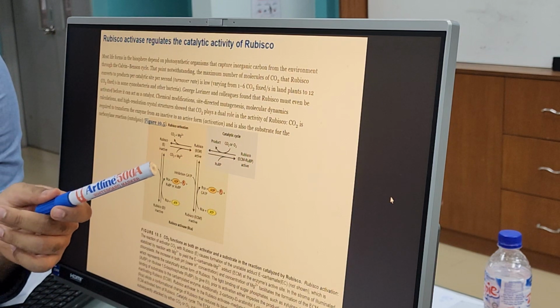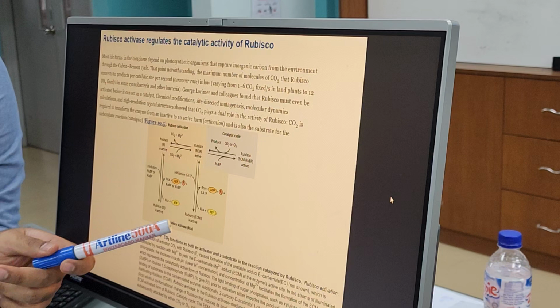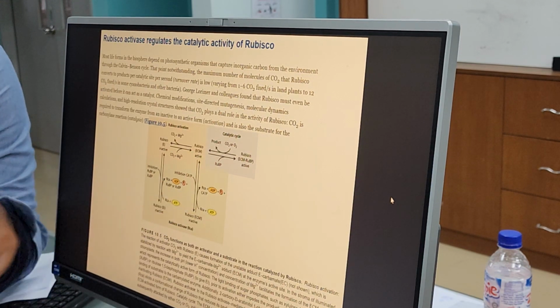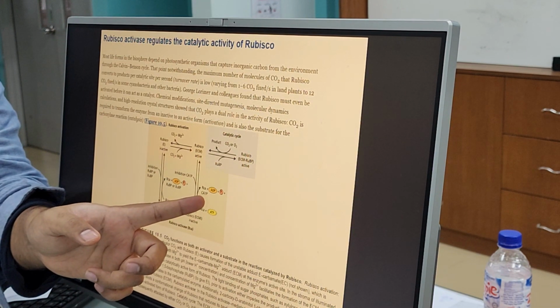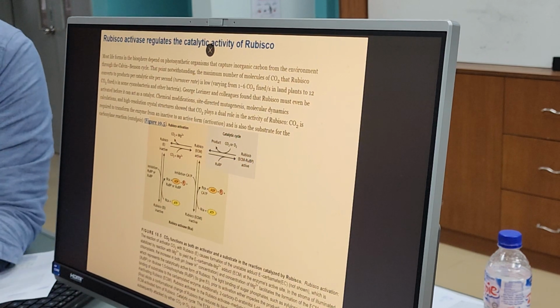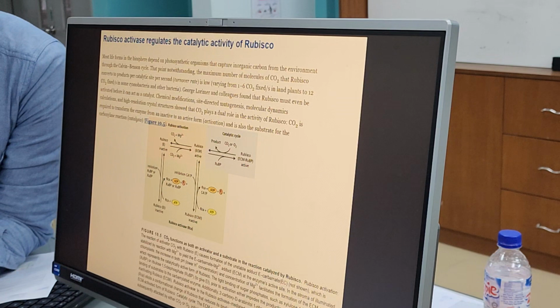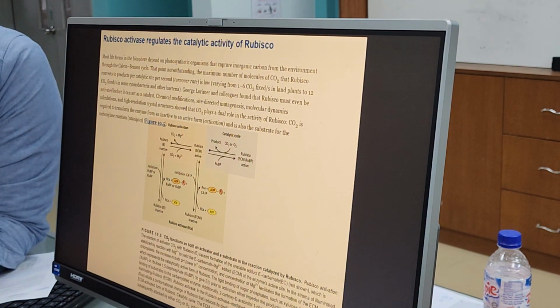However, this can quickly become inactive again with the presence of this sugar, arabinitol 1-phosphate. Why does the sugar keep on interfering with Rubisco? Because sugar, what's the function of sugar? Energy. What else?